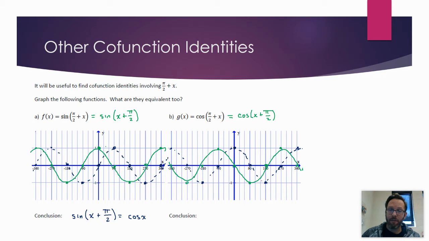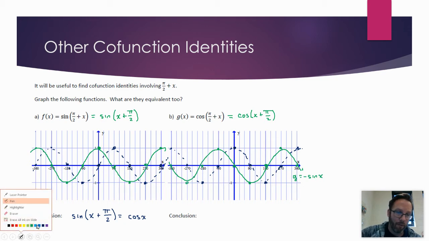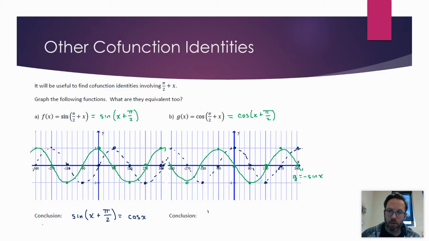It's just the negative sine function. This is the graph of y equals negative sine x. What we have shown is that the cosine of x plus pi over 2 is equal to negative sine x.